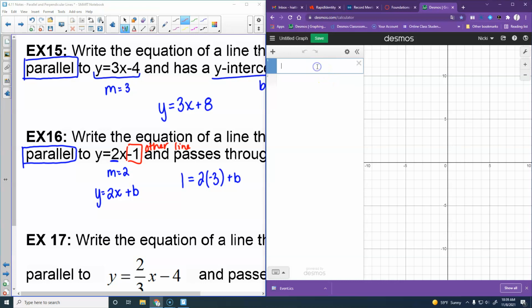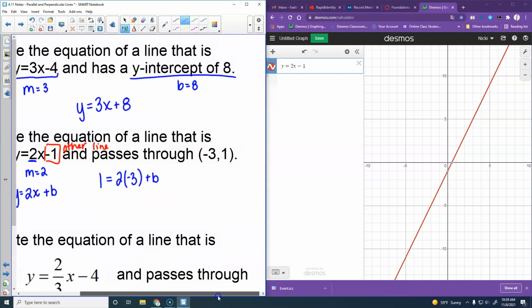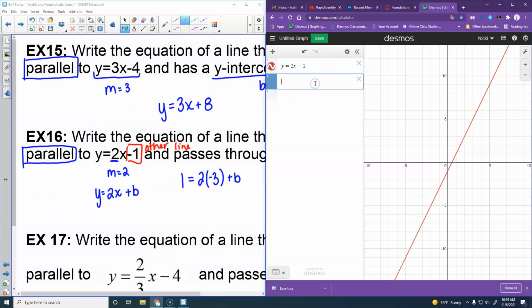So, y equals 2x minus 1 is this line right here. It passes through the point negative 3, 1. So it passes through this point right here. So I need a line that's parallel right here. Are they going to have the same y-intercept? No, not at all.